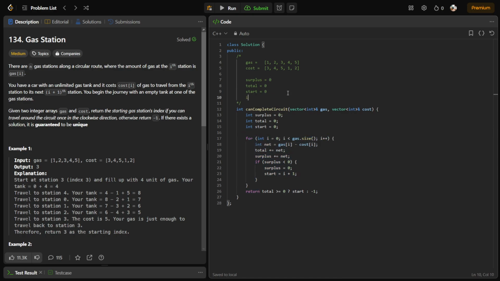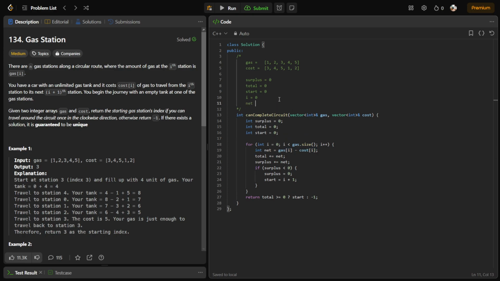Here I have a for loop that starts at the beginning of both arrays. And here I have another integer called net, which calculates the difference between the gas and the cost. In this case we are starting at index 0. The net would be 1 minus the cost 3, so net would be -2. So I update total and surplus.